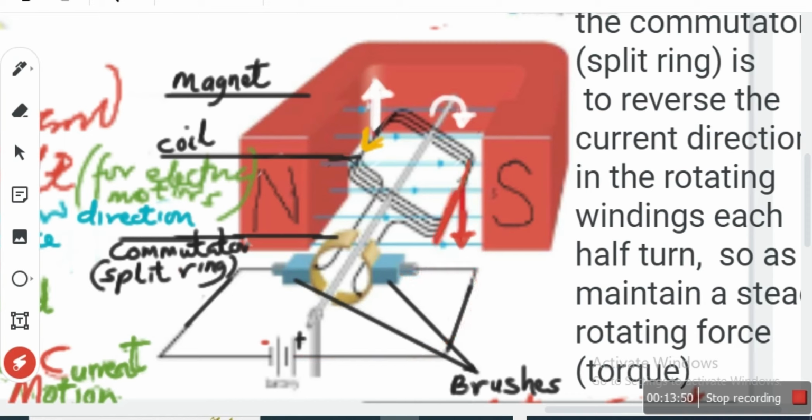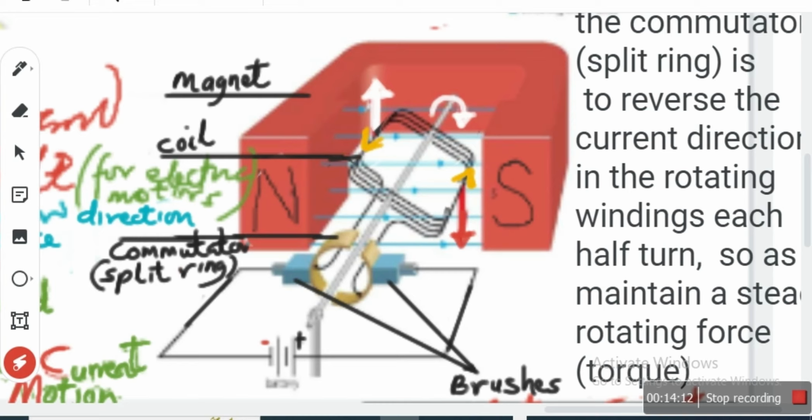This side of the solenoid is flowing into the paper, is it not? Whereas this side of the solenoid is flowing out of the paper.